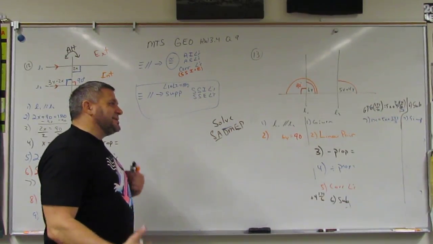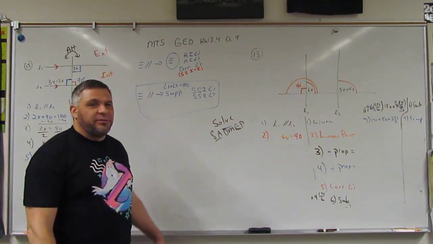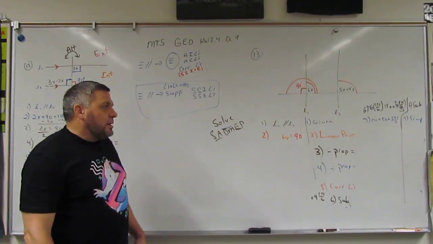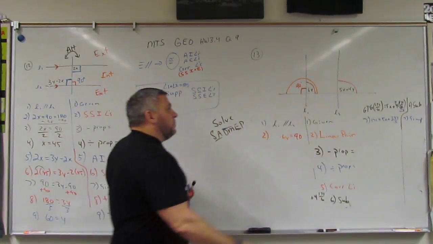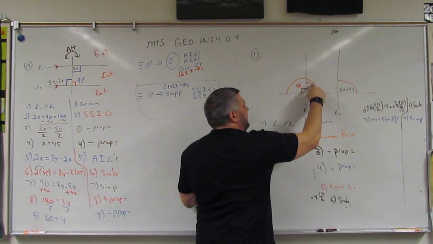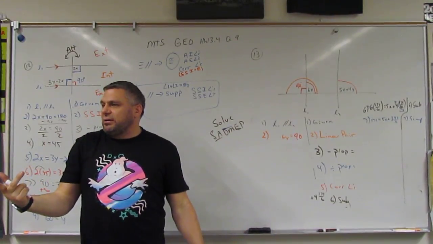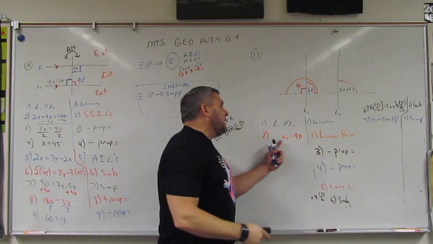And therefore 90 plus 90 is 180. We're actually adding 2 linear lines to make it 180. What plus 90 is 180? 90, right? So that means this has to be 90.